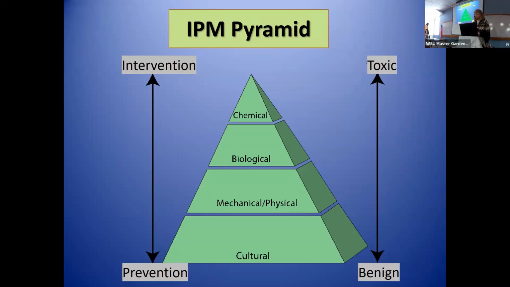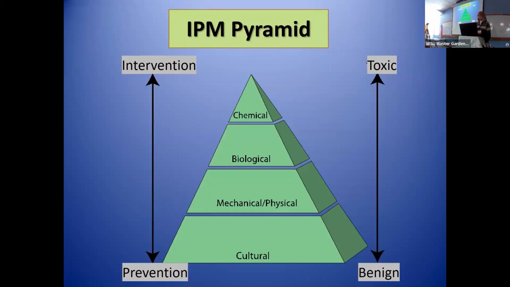And then chemical is your last choice in terms of dealing with the pest. So notice the bottom really deals with prevention, it's benign. As you move up to the top, it becomes intervention and it can become toxic.